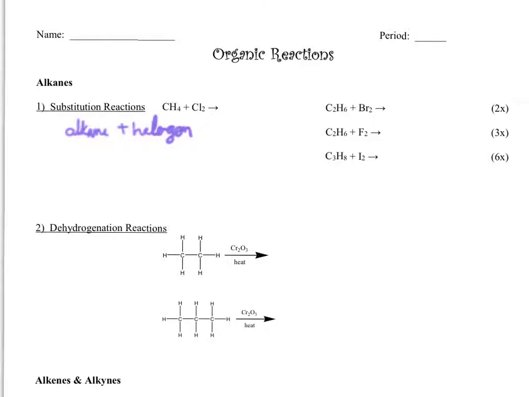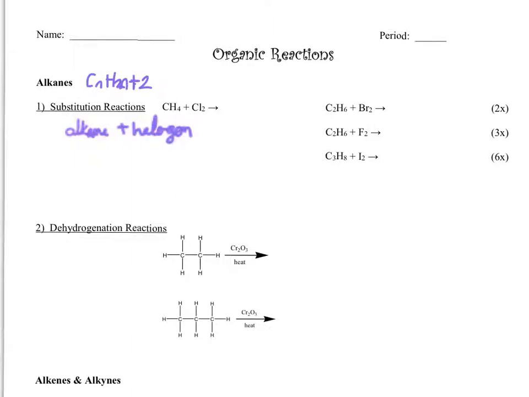Either draw it out so you can look at the structure, or see if it fits into the alkane CnH2n+2 formula. So CH4 fits in that CnH2n+2, so that is an alkane. C2H6 fits in that CnH2n+2, so that is an alkane. So that's how you know that it's an alkane.